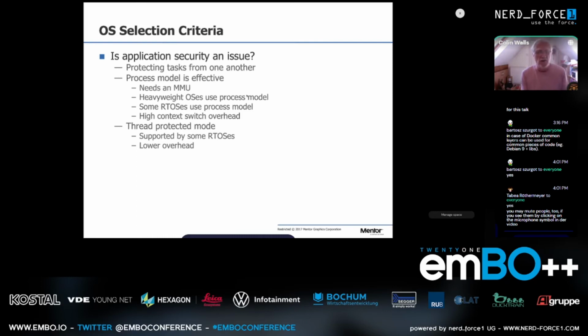But the problem with process model is because it's remapping memory each time you do a context switch, that takes time. That's an overhead. There is an interesting intermediate possibility, sometimes called thread protected mode or lightweight process model, supported by some RTOSes, and this uses the MMU to protect memory rather than remap it. So that gives you the protection element to a significant extent with a lower context switch overhead.